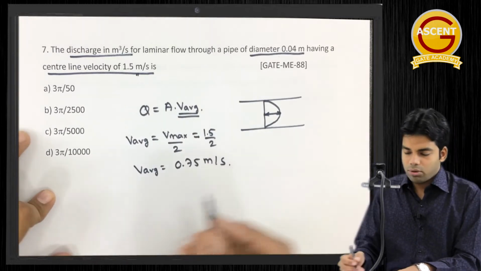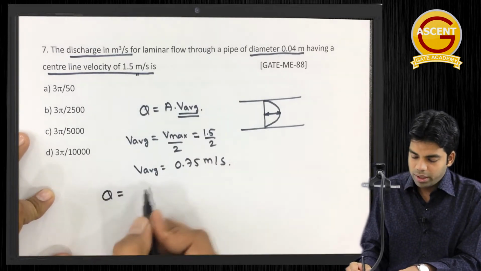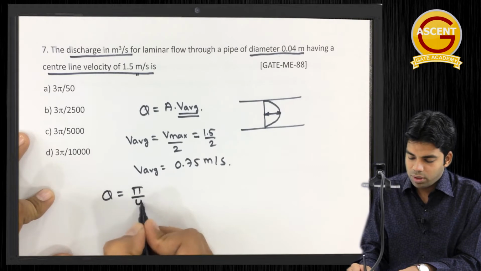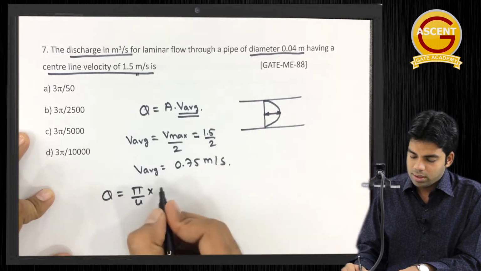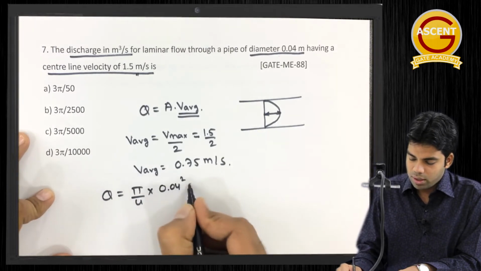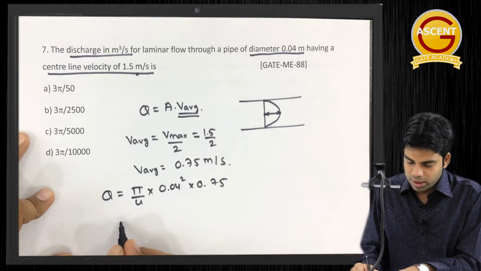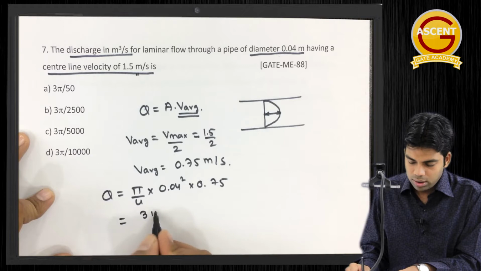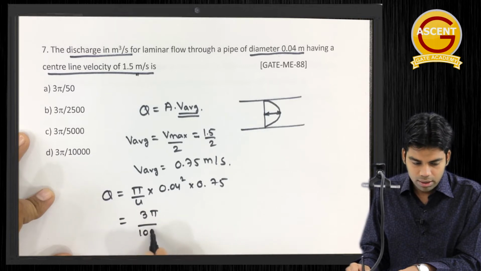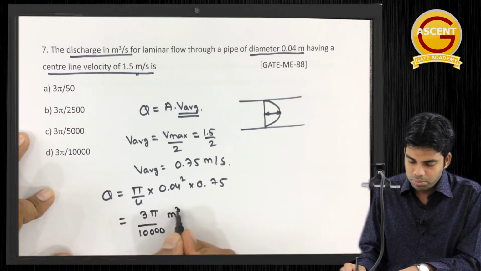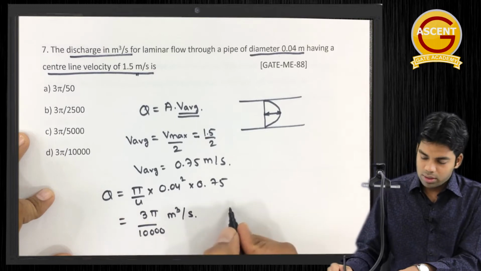Getting this? Now what will be Q? Q is equal to A into V. A is pi by 4 into D square, D is 0.04 square into 0.75. Okay, so from here we will get the answer as 3 pi by 10,000 meter cube per second. Okay, so answer should be D.